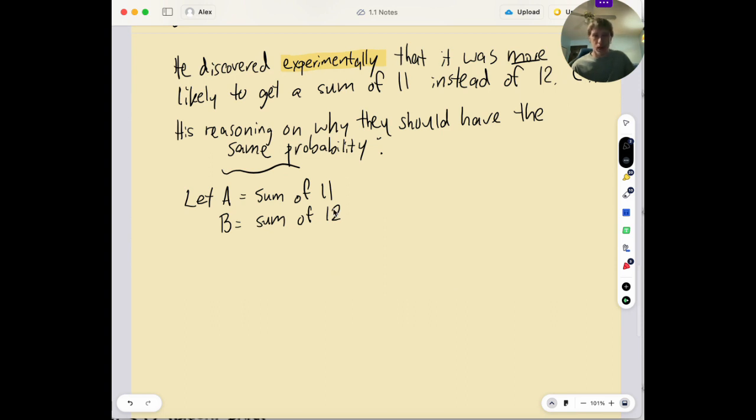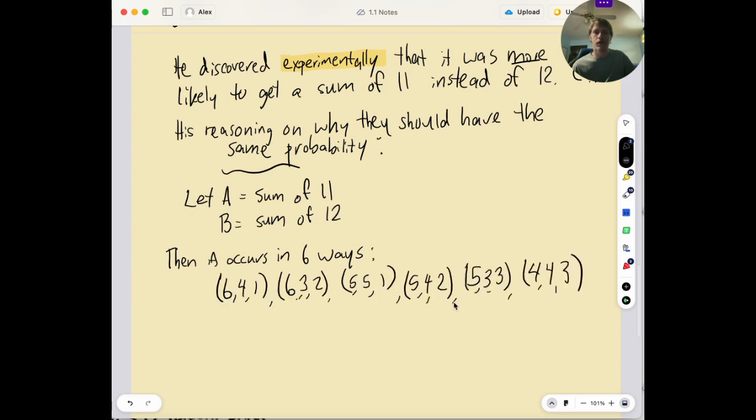Okay, well, then A occurs in 6 ways, and I'm going to write them as ordered triples. But you can also count the number of ways that B occurs. And you actually also get 6 ways.